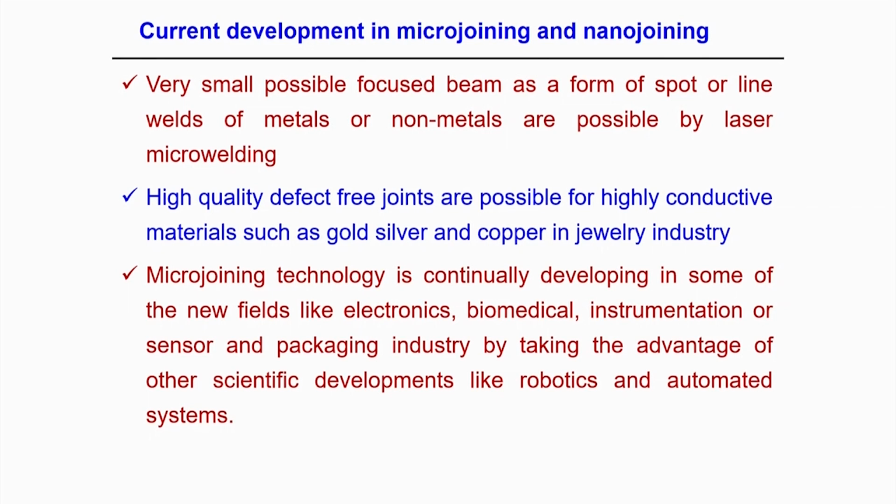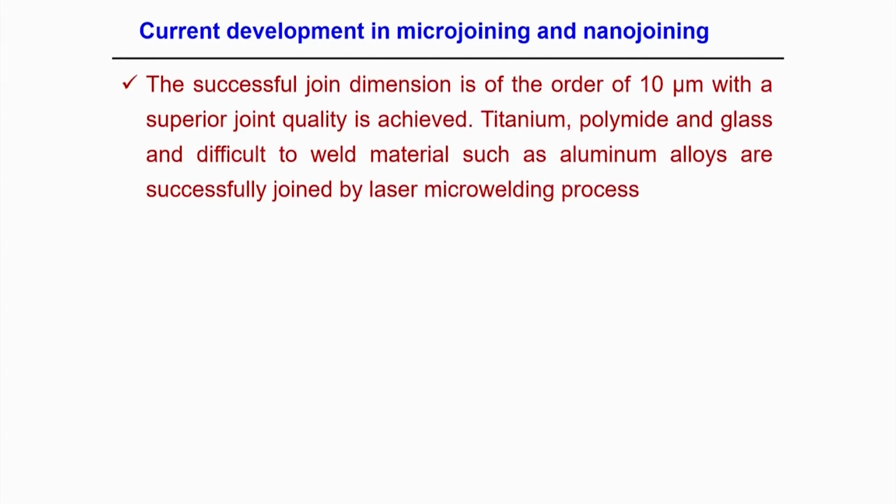Micro joining technology is still continuously developing in new fields like electronics, biomedical instrumentation, and the sensor and packaging industry, taking advantage of other developments like robotics and automated systems, and of course the very precisely controlled laser source. All of this is helpful, and several different micro joining technologies are also being developed.